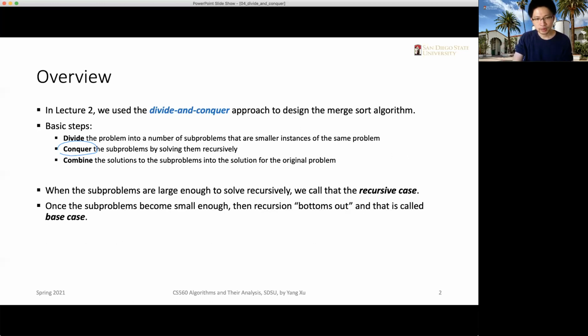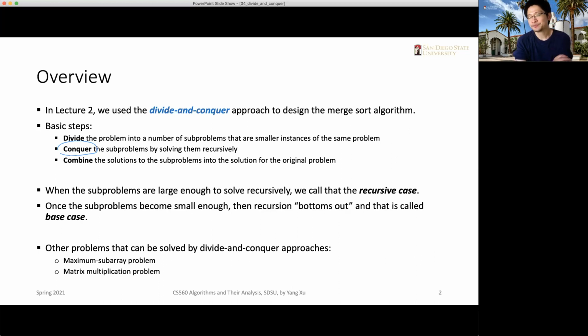So in this chapter, I think we're going to primarily use two types of problems as a showcase, as an example, to study the divide and conquer approach. The first one is called the maximum subarray problem. The second one is called the matrix multiplication problem.